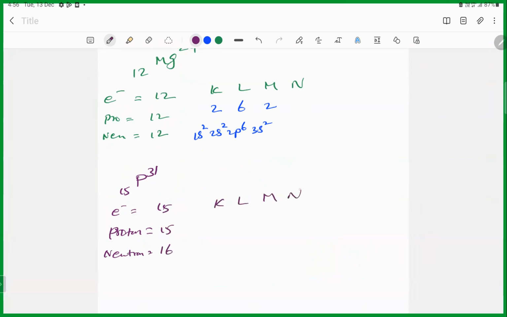K shell 2, L shell 8, M shell 5. So when writing: 1s2, 2s2, 2p6, 3s2, 3p3.